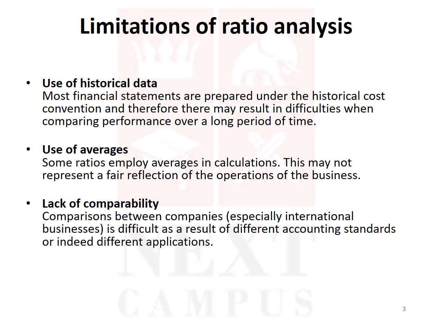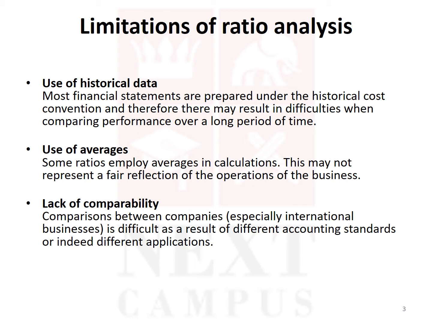Generally, we have to identify what the limitations of ratio analysis are. Ratio analysis is a very good analytical tool, but it has some limitations and drawbacks. The first limitation is that it uses historical data.